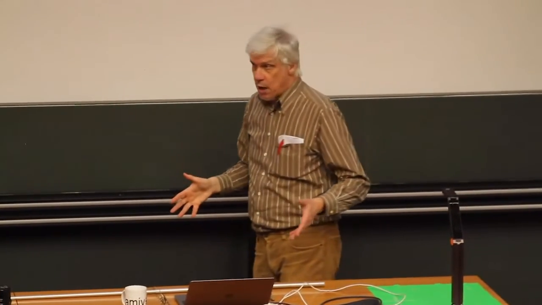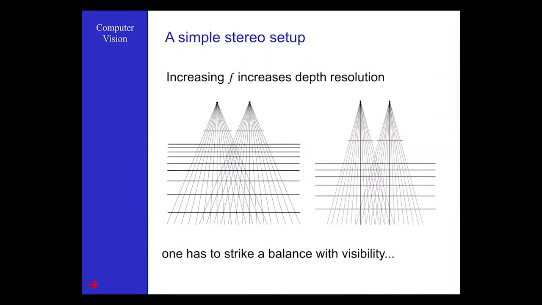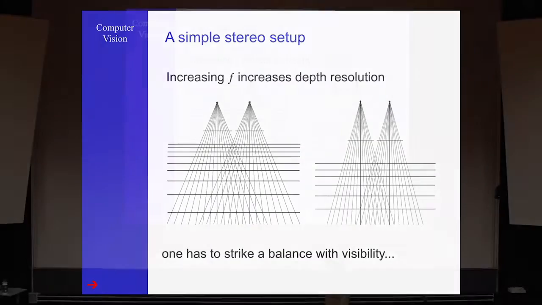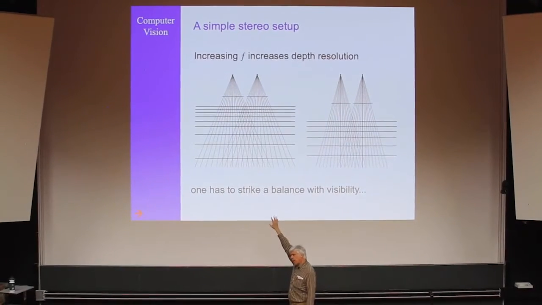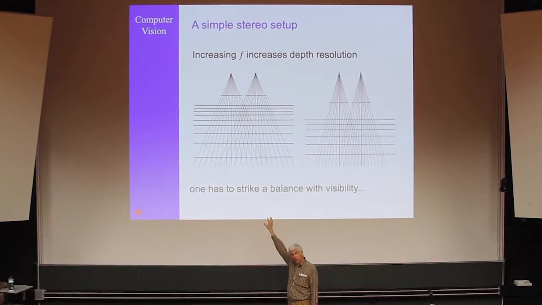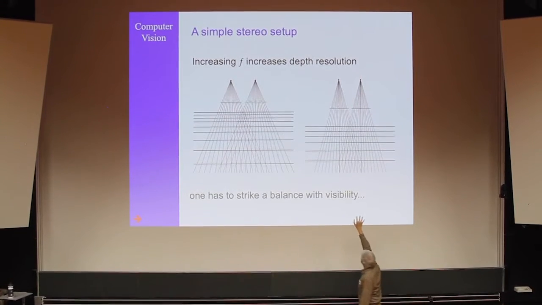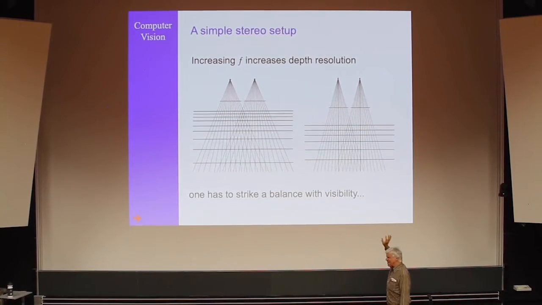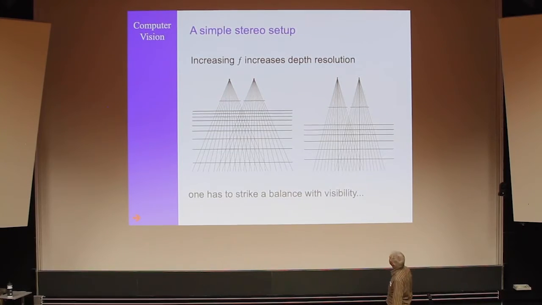Pretty much the same story if we don't go for the increase of the baseline, but rather an increase in the focal length. And here you go. Same story. That's again the very same image as we had on the previous slide on the left. And this again is a modified stereo system, where in this case we have increased the focal length.